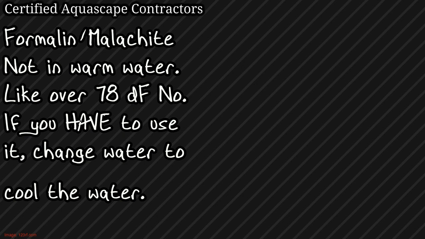Or if I had to use formalin malachite, say because the pond was 12,000 gallons and it was the only economical choice, I would do a massive water change to cool the water down a little bit, and then I would use the formalin malachite. But the problem is 5 days out, when you're using formalin malachite, the water temperatures come back up again into an area which is a little bit dangerous, so you might end up having to do another water change. What a pain. But, you know, it's okay.